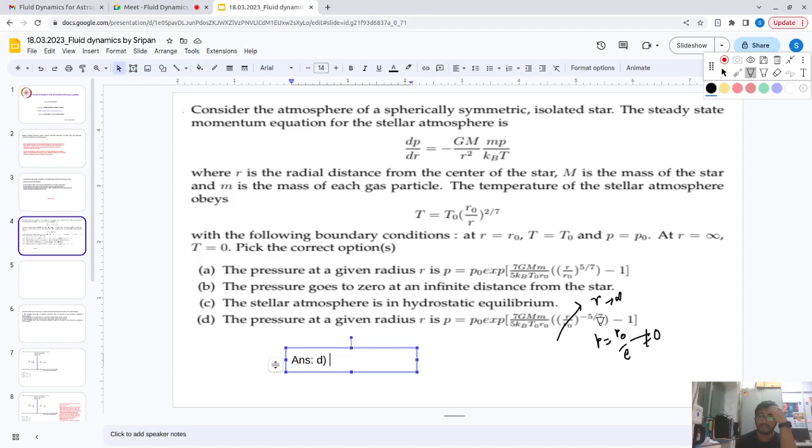So this is not going to 0, so this is not a correct answer. This one is also not a correct answer because this one is this thing. Now if the pressure at infinity is not equal to 0, then still the atmosphere cannot be in hydrostatic equilibrium. Okay, so this is not a correct answer. So only the answer D is your correct answer.